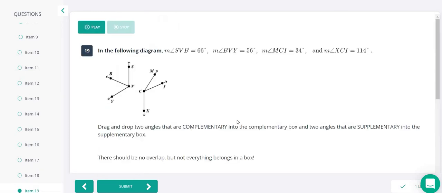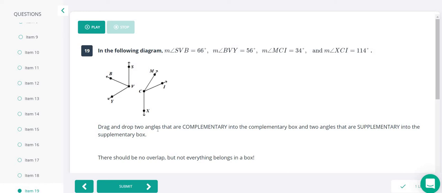And last one, number 19. Following diagram, SVB is 66, BVY is 56, MCI is 34, XCI is 114.